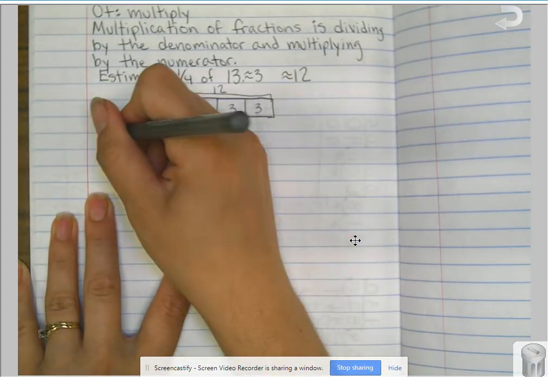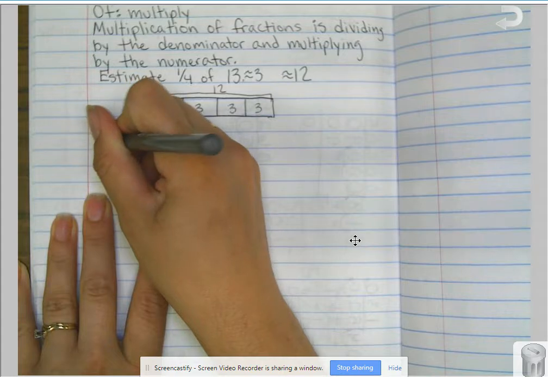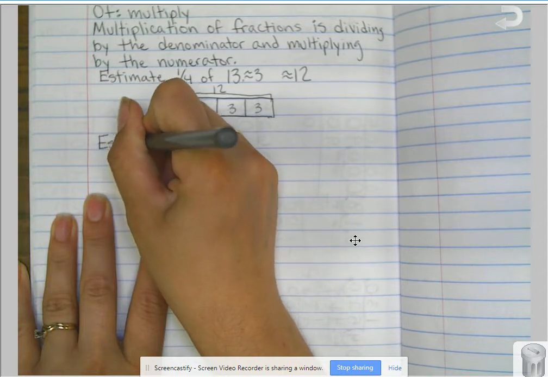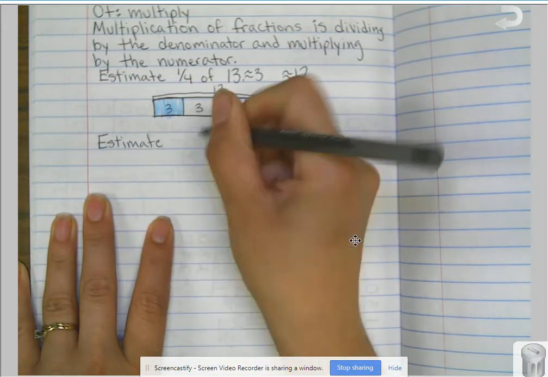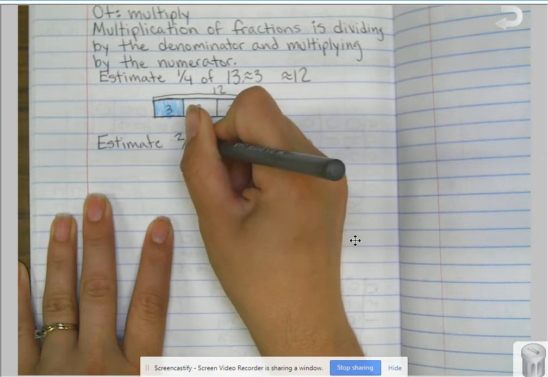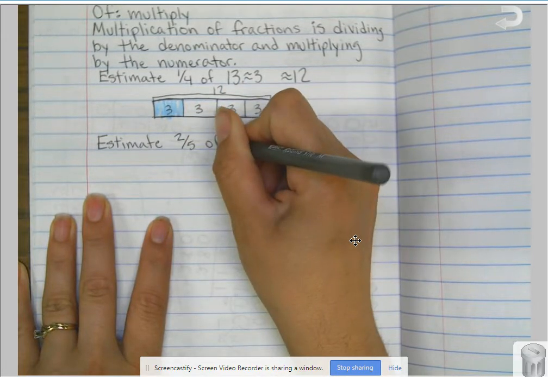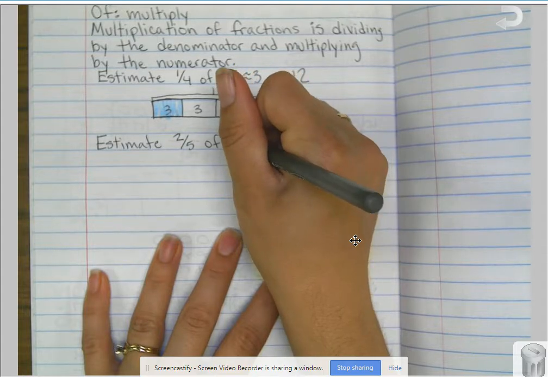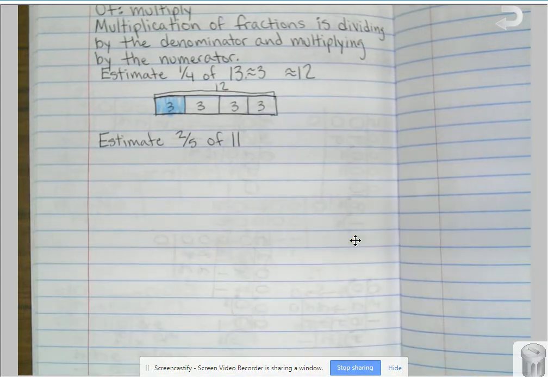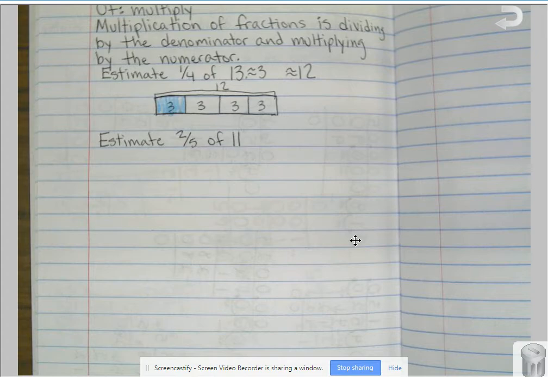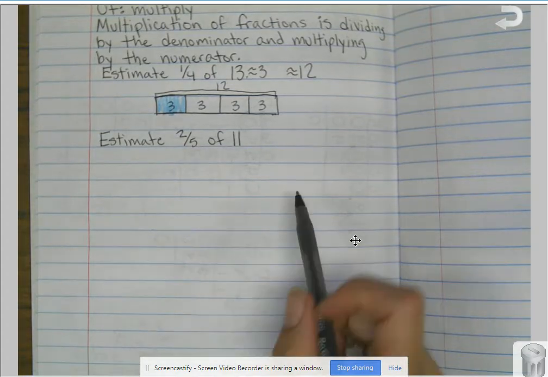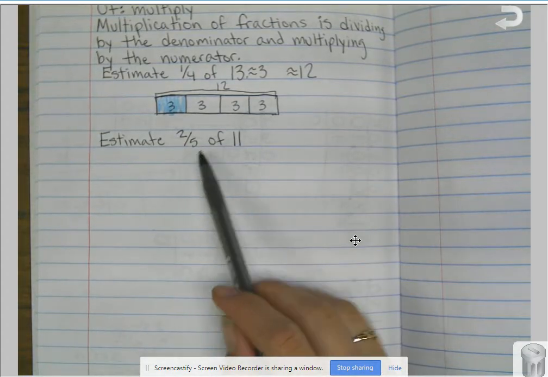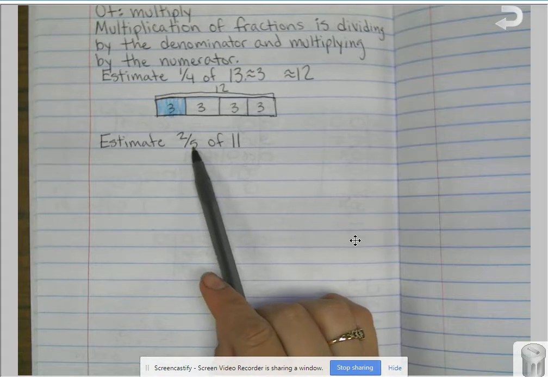I want you to write estimate 2/5 of 11. Okay, now remember how we want to think about compatible numbers, or we're going to end up dividing by this denominator?